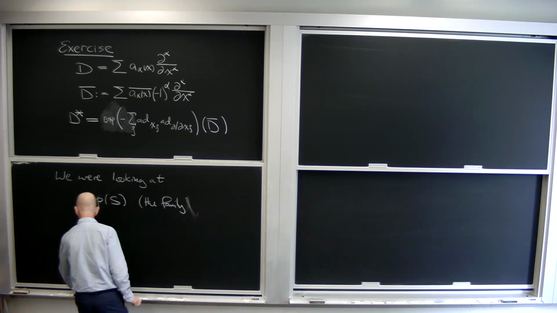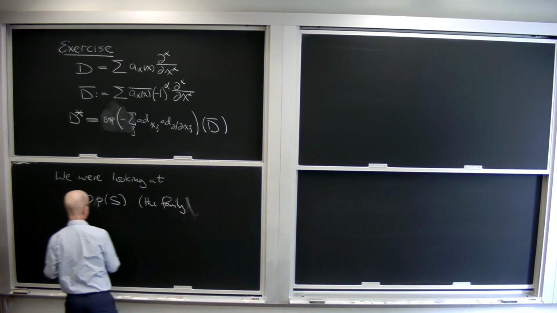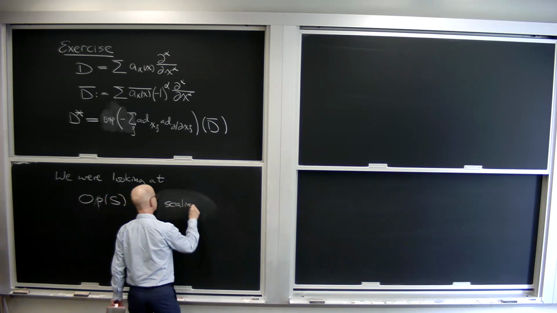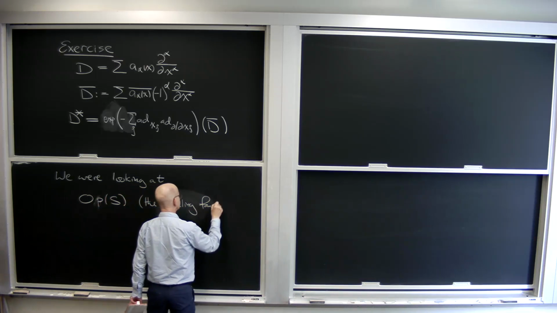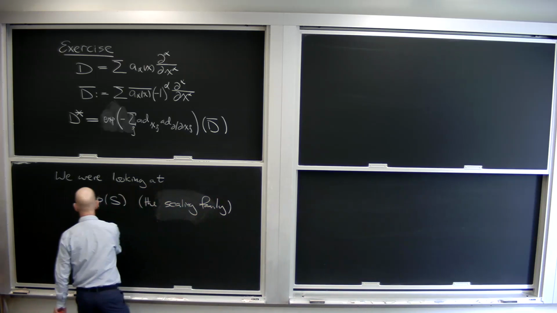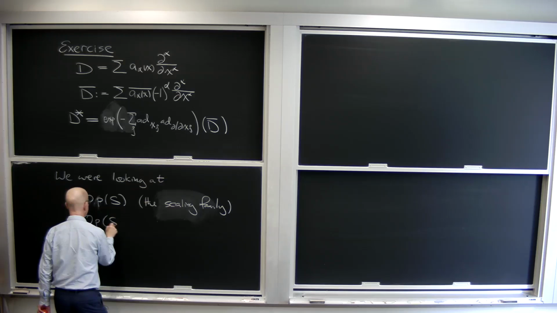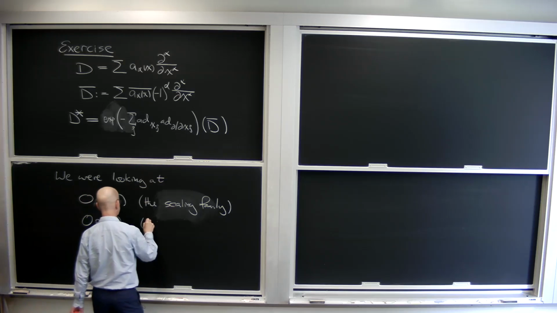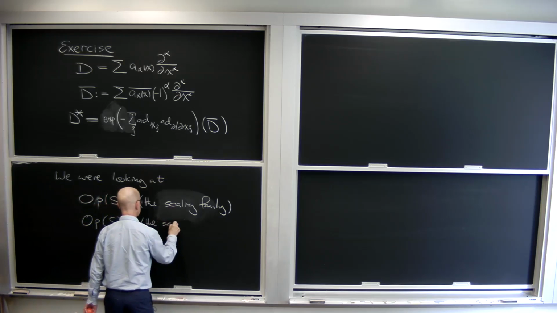We call it what it is, the scaling family. And if you were to evaluate this just at a particular t, just pick out one operator, of course, you'd get a corresponding scalable operator.